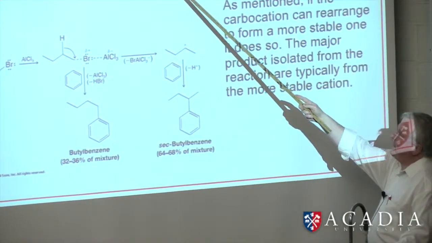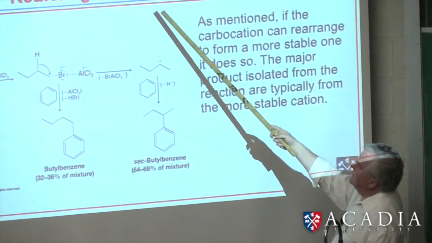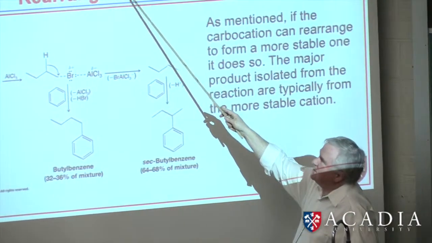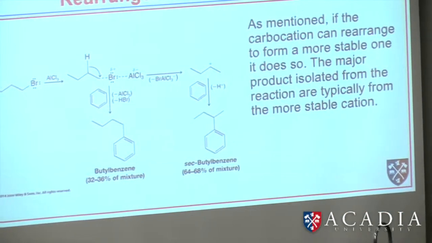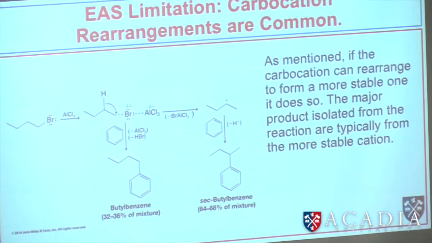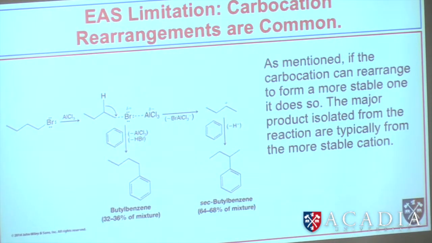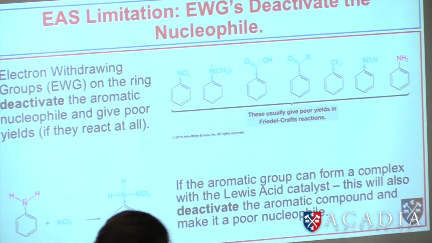So one of the limitations, I should actually say, these are Friedel-Crafts limitations, and I'll fix that. Carbocation rearrangements are common, okay? So be aware. Also, big hint, there will be a rearrangement somewhere on a midterm or exam, okay?